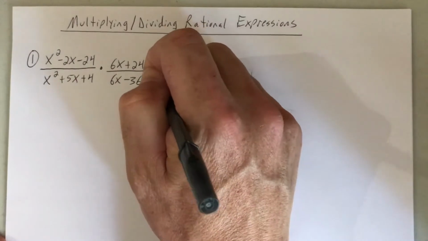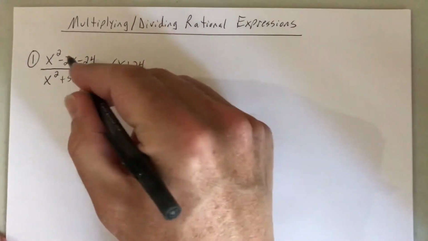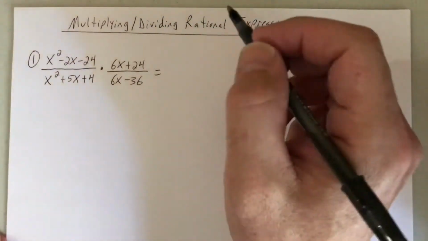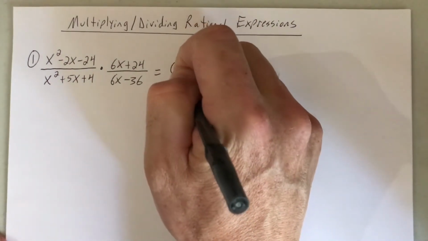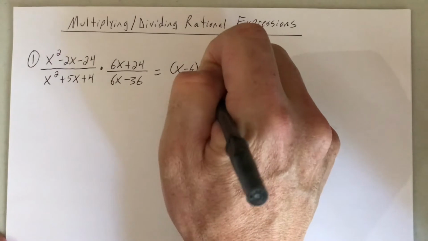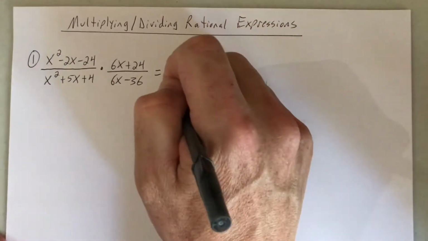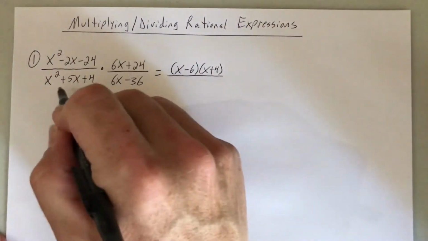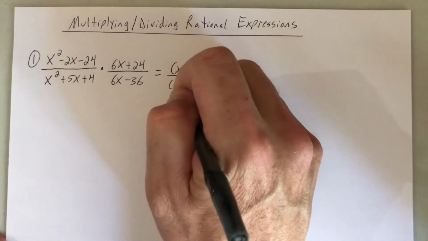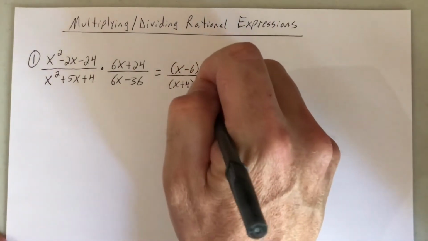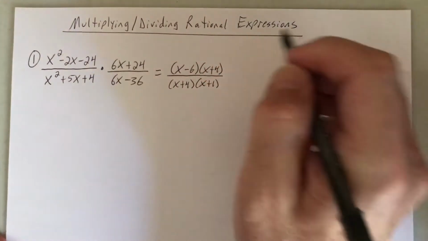So I'm going to factor each one of these. This numerator right here, x squared minus 2x minus 24, is going to be x minus 6 times x plus 4. And then the denominator, x squared plus 5x plus 4, is going to factor to x plus 4 times x plus 1.